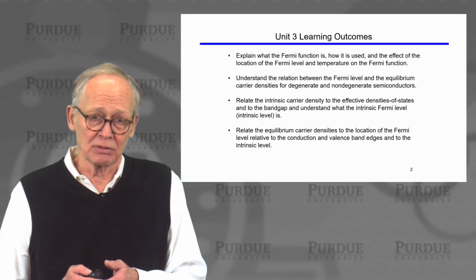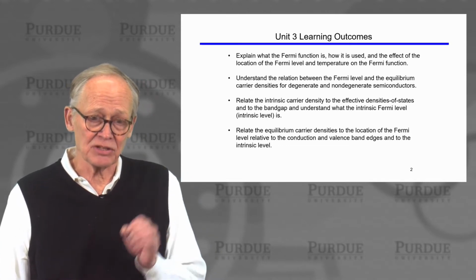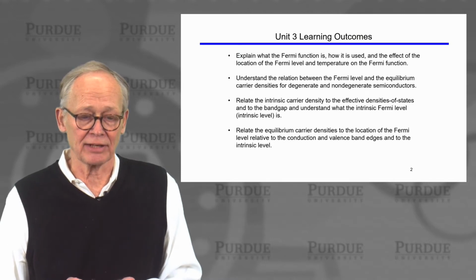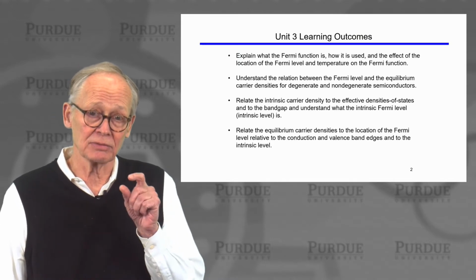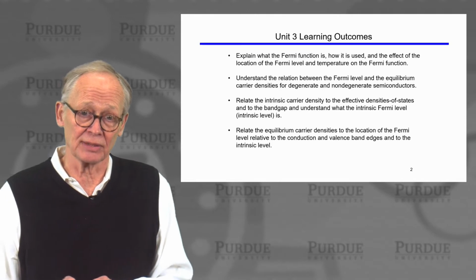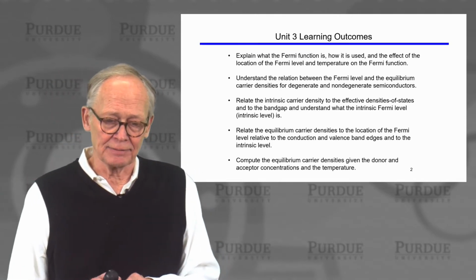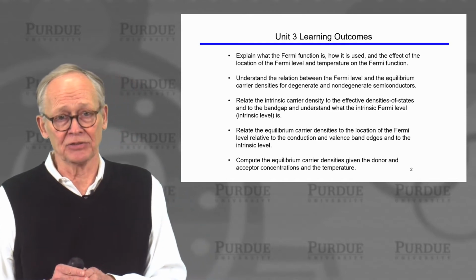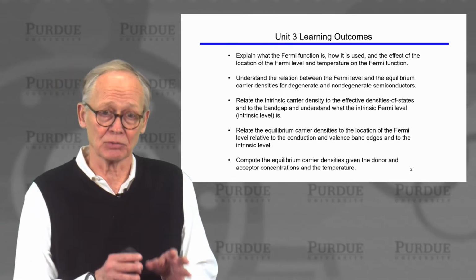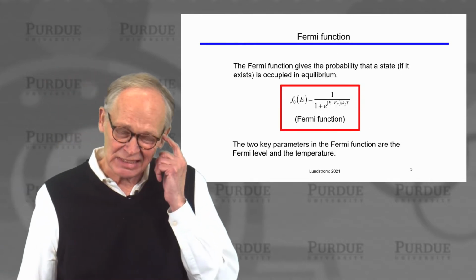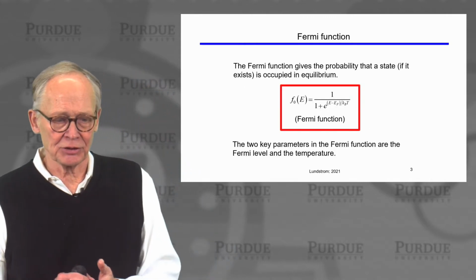Finally, you should understand how you relate the location of the Fermi level relative to the conduction and valence band edges to the carrier densities, or relative to the intrinsic level and what the intrinsic level is. And finally, you should understand how you can compute the carrier densities at a given temperature, from low temperatures, moderate temperatures, to high temperatures.